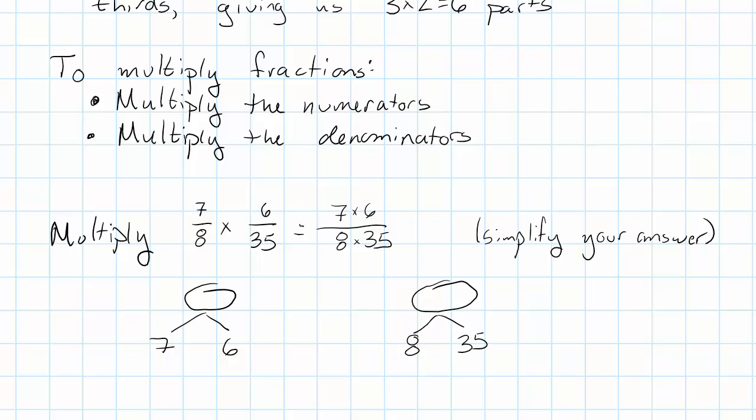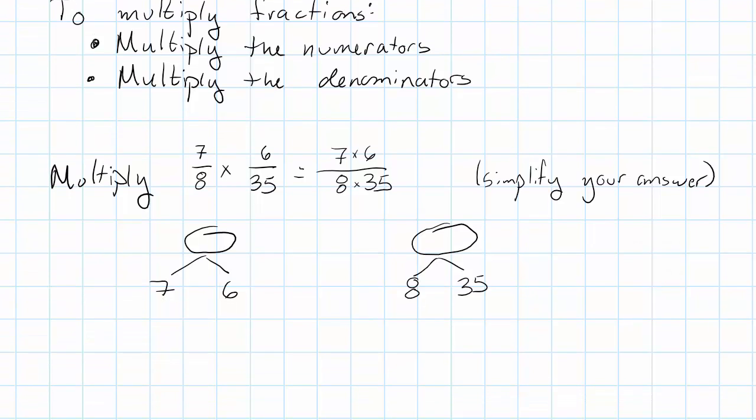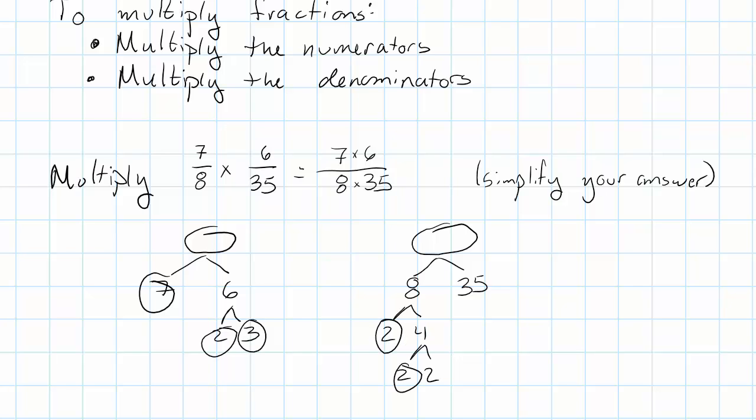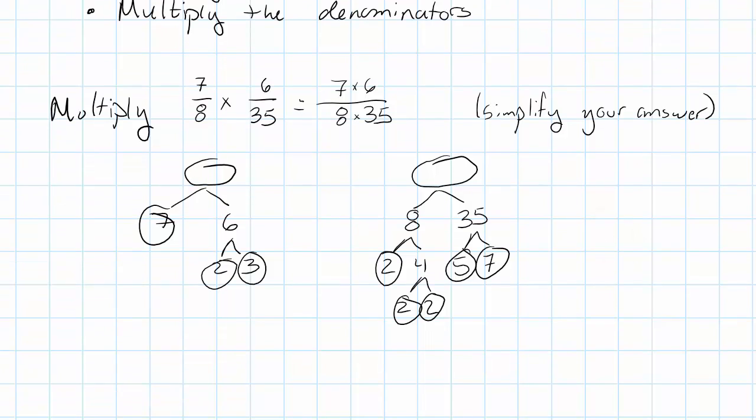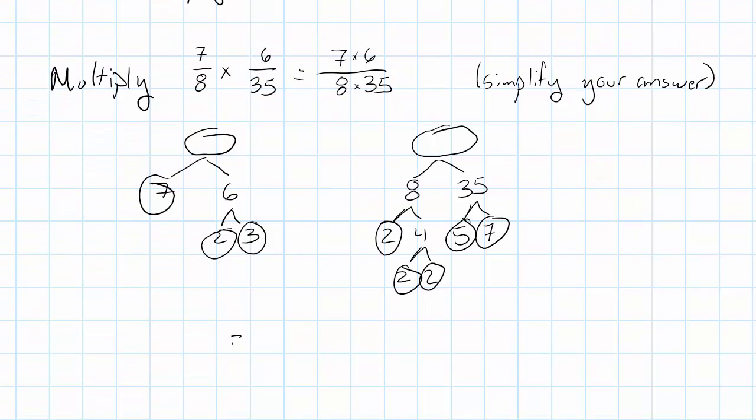We don't need to work out what this multiplication actually comes out to, because all we're really interested in is the factors anyway. So 7 is prime, 6 is 2 times 3, 8 is 2 times 4, 4 is 2 times 2, 35 is 5 times 7. So our fraction, in the numerator we have 7 times 2 times 3.